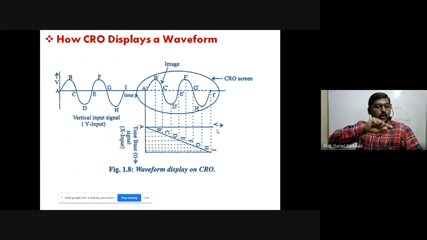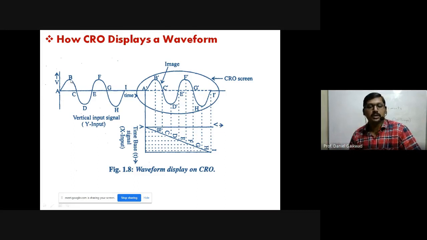The voltage goes from A to, suppose, B. In the diagram, from A to B the voltage goes on increasing. This increasing voltage is given to the vertical plates, and accordingly the beam goes in the vertical direction. Simultaneously the beam moves in the horizontal direction also, from A to B, and the waveform appears on the screen. The CRO screen displays the waveform from A dash to B dash.